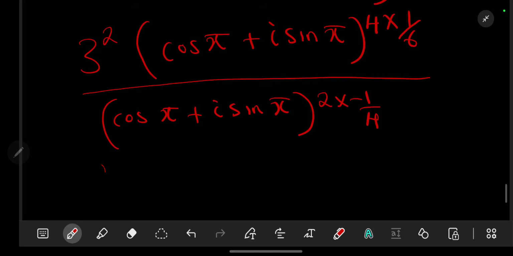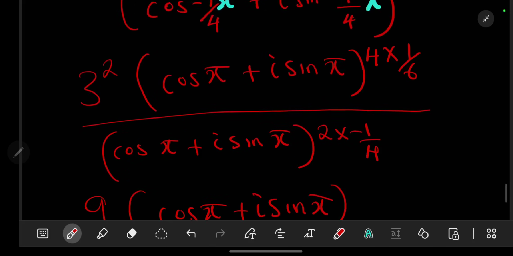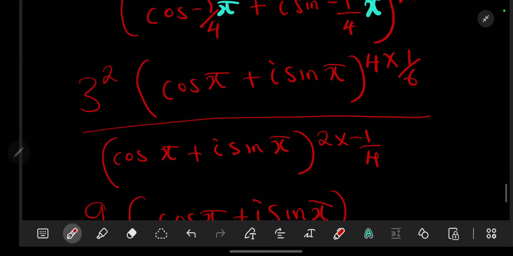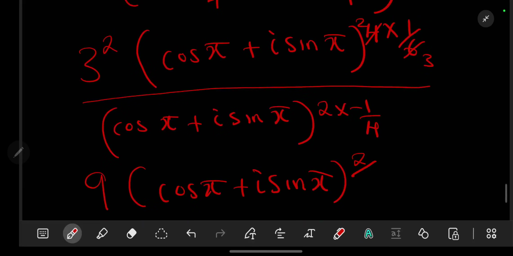3 to the power 2 is 9. Then we have cos of pi plus i sine of pi, then this to the power of 4 divided by 2 by 6, which is 3 here. Here it will be 2. So it will be 2 over 3.